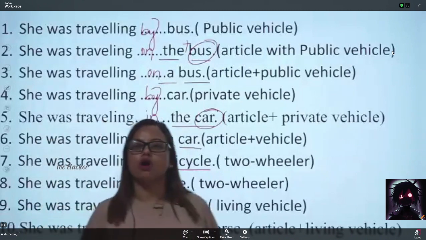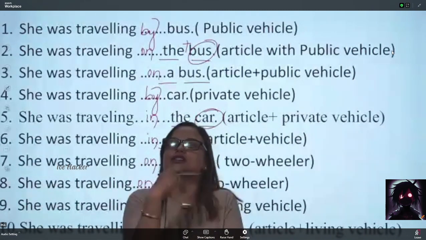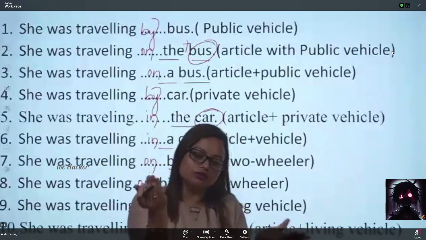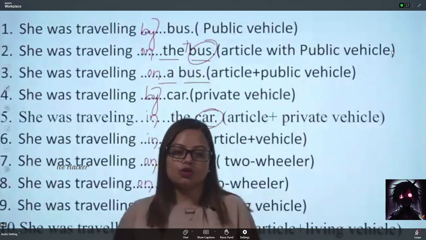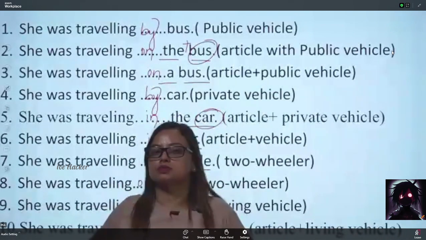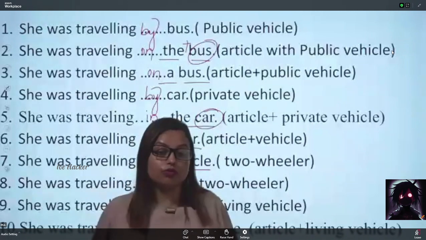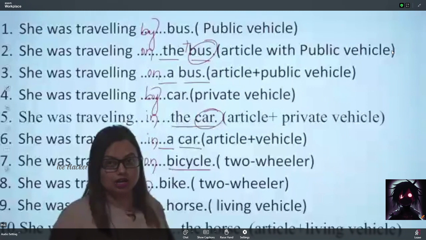She was traveling dash horse. Now see horse, a living means of transportation, isn't it? Earlier people used to travel on horse. These days we have electric means of transportation, but in those days our forefathers used to travel on horse.